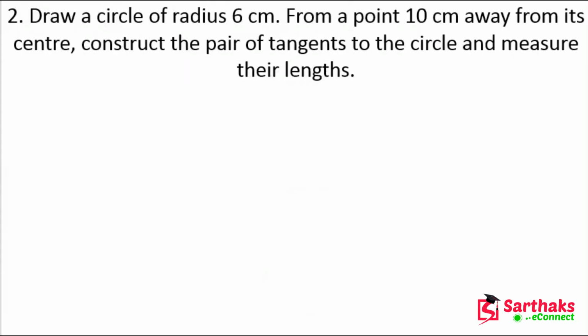Okay, so the second question is: draw a circle of radius 6 cm and a point 10 cm away from its center. Now we have to construct the pair of tangents to the circle and measure their length. So my dear friends, this is very easy.